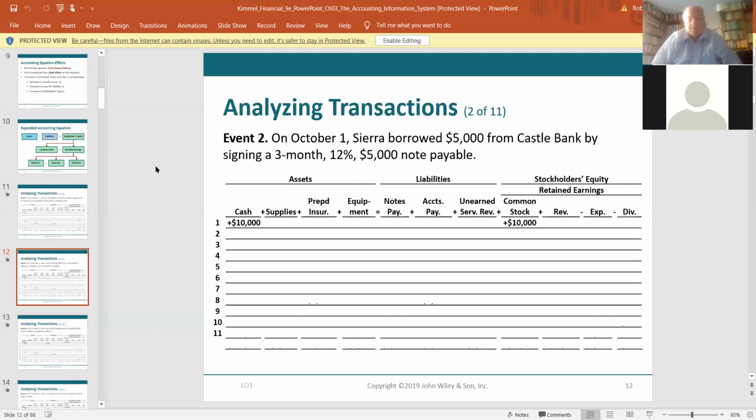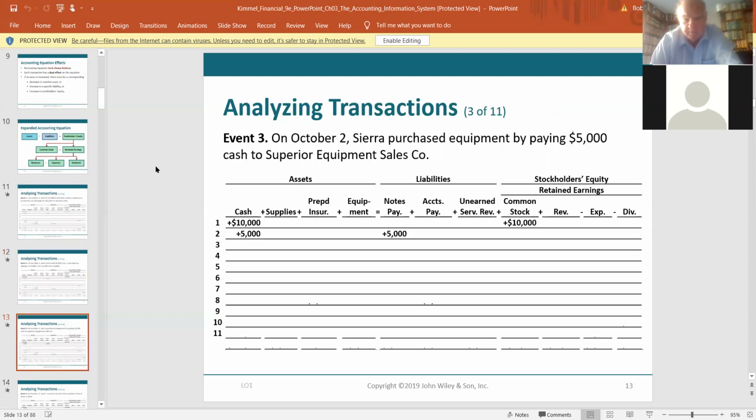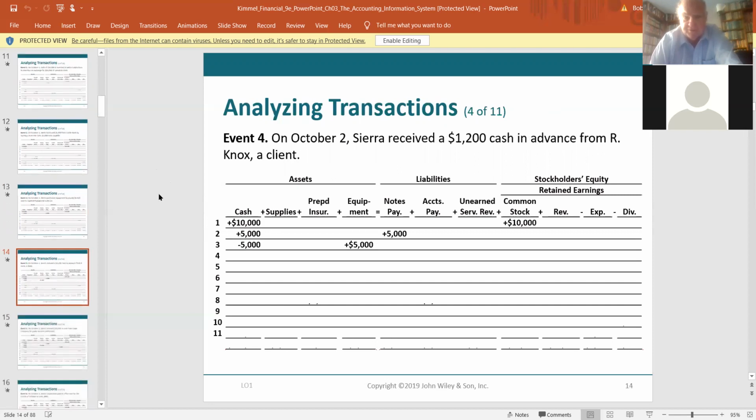So what's going to happen here? They borrowed money. They borrowed cash. So cash is going to go up, and so is the liability called notes payable. And there we go. Sierra received a $1,200 advance from Arnox, a client. So we know cash went up. What's the other half?